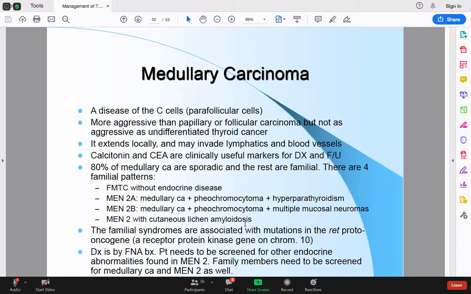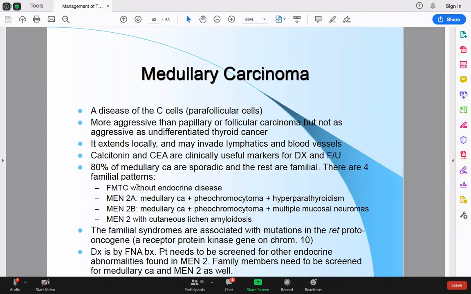For medullary carcinoma, other surrogates are calcitonin, as well as CEA, as markers for diagnosis as well as for follow-up. Medullary carcinomas are sporadic, but there are also familial types.